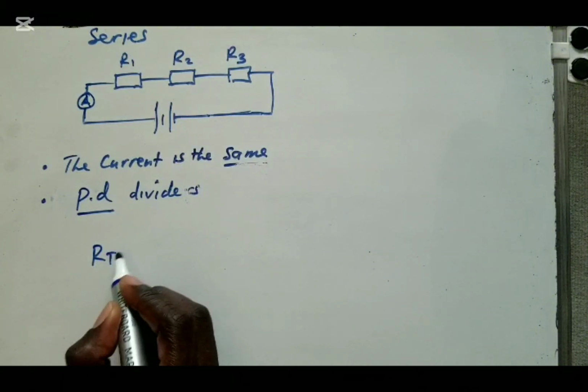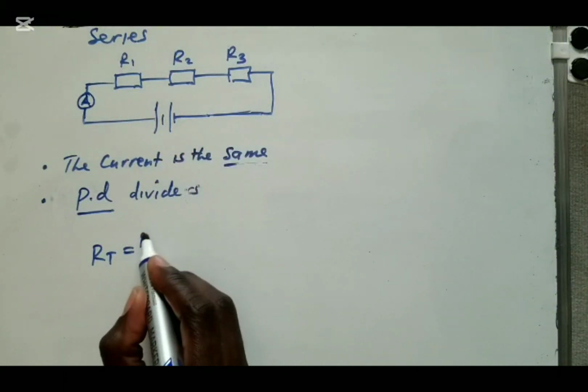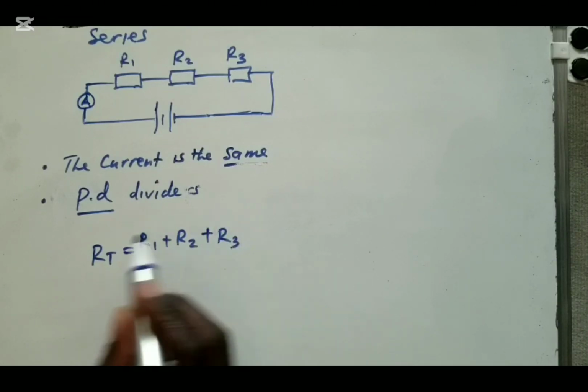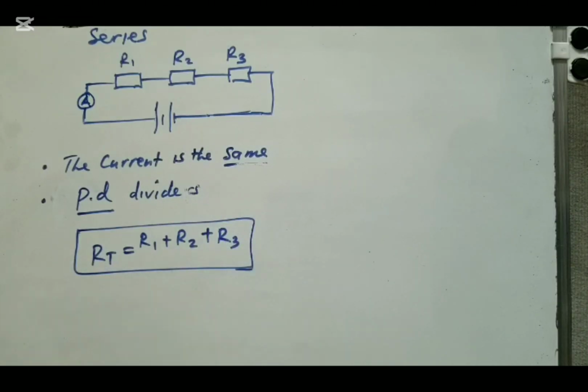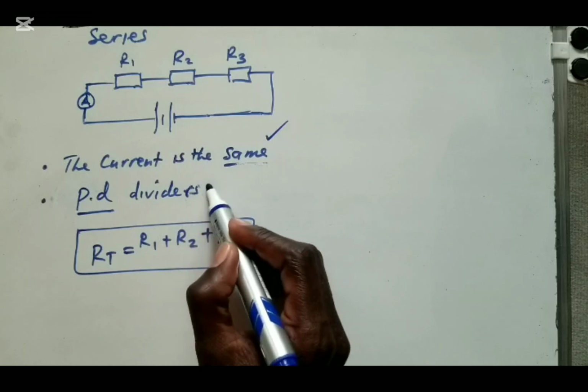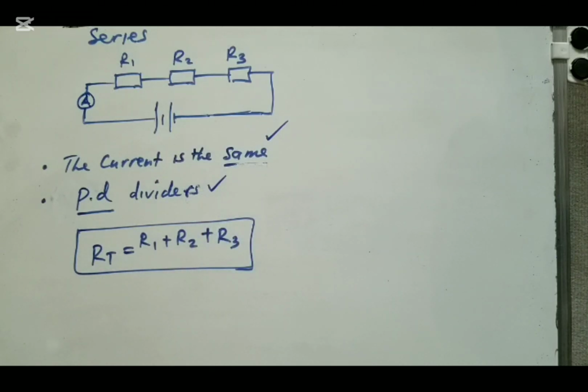But remember, for the resistor total, you just need to add them: R1 plus R2 plus R3. That's the way we get the resistor total in a series combination. So these are important: the current is the same, but they are potential difference dividers. Those are things that you need to remember.